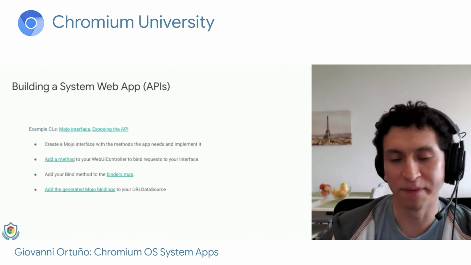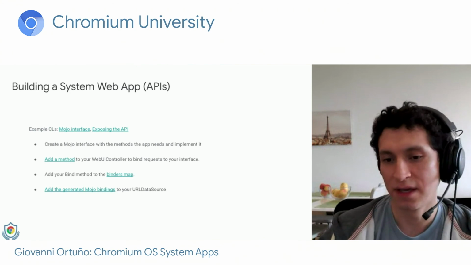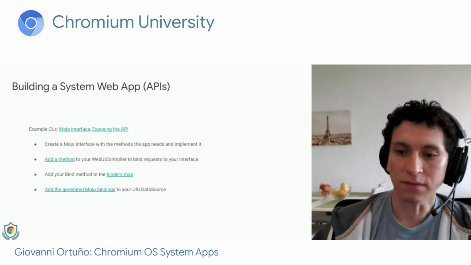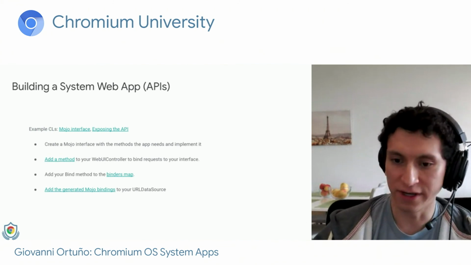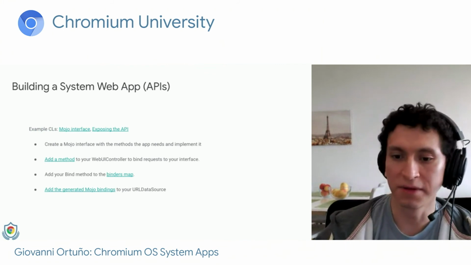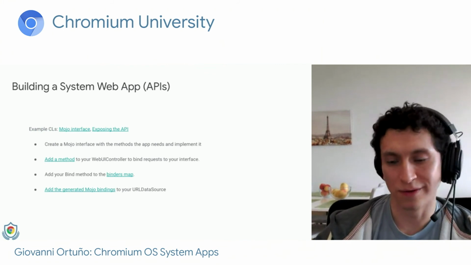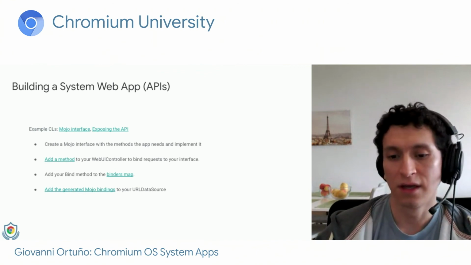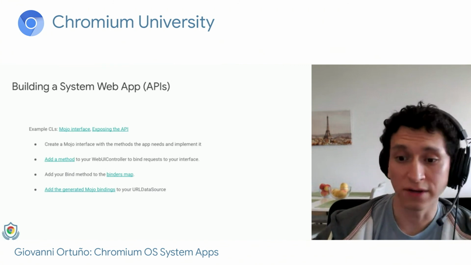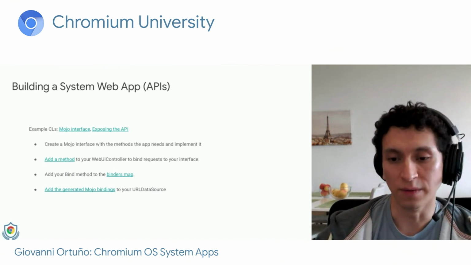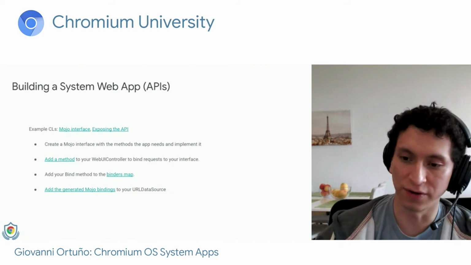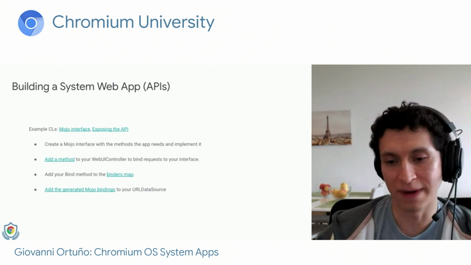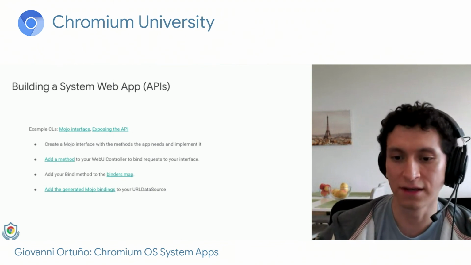And the last part of building your system web app is just exposing APIs to it. Yeah, this is just like exposing any mojo interface to any part of Chromium. You define your mojo interface using mojom. You add a method to your web UI controller so that the calls to your interface, like JavaScript requests to your interface, get bound to the implementation of your interface.